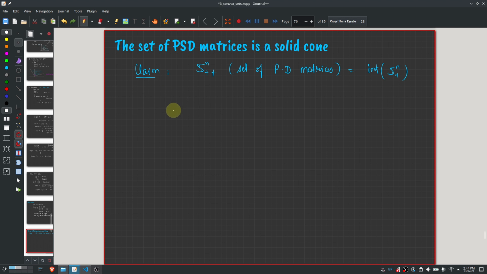So how do we show something like this? Let's first start out by understanding what we want to show. The first point that we have to show is that every positive definite matrix corresponds to an interior point of the set of positive semi-definite matrices.